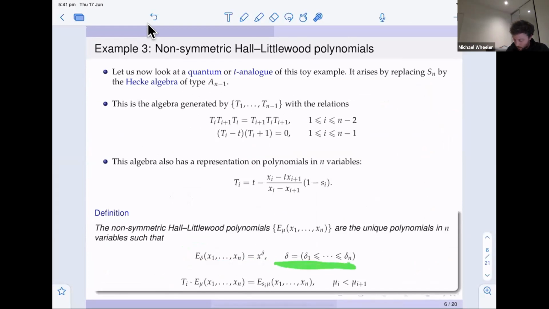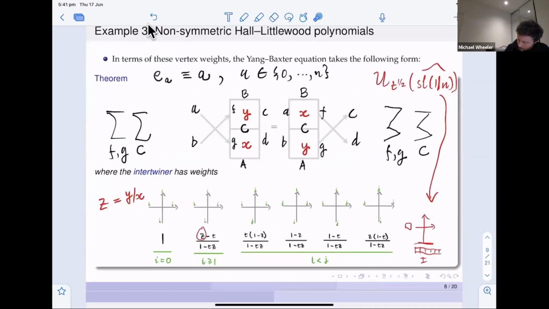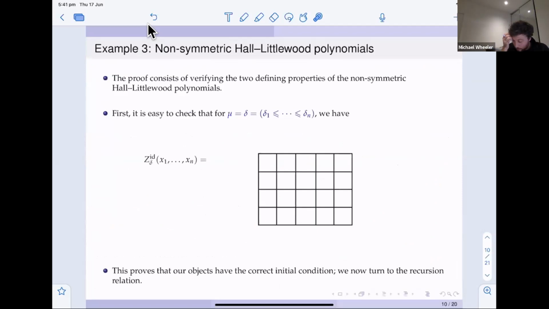That's the first thing to check. The second thing to check is this recursion relation here. If we can check that the partition function has those two properties, then it has to give you the non-symmetric Whittaker polynomials. So let's do the first one.